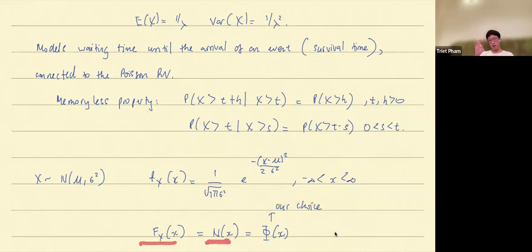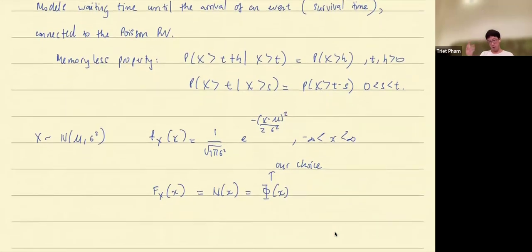Not that the others are wrong; there are many ways to express the same thing, but let's agree that we'll use this if only because it agrees with the textbook's choice. Oh, sorry, this one is reserved for the standard normal. The only thing I want to say here is that this does not have an explicit formula.